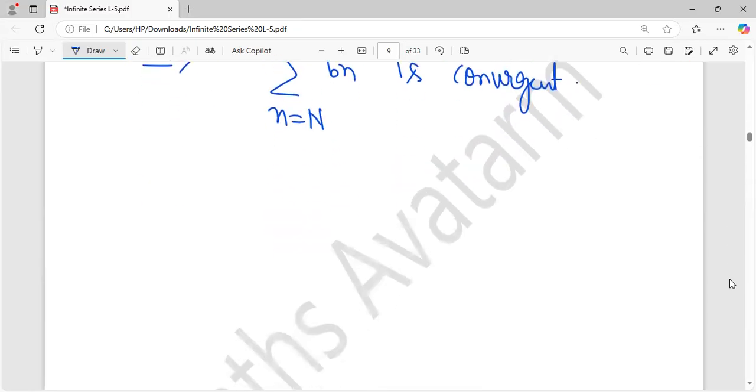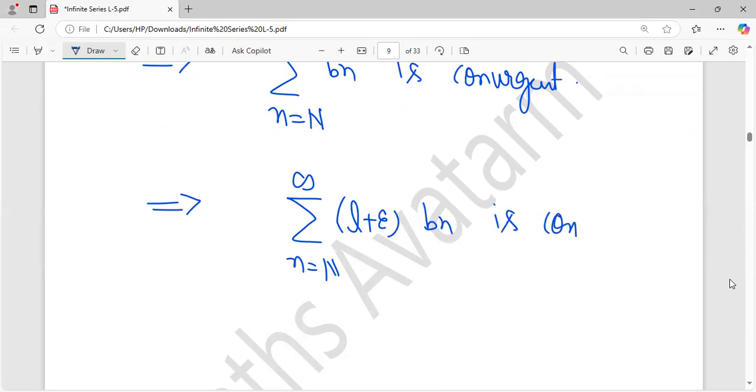Now, this implies the series summation n goes from 1 to infinity of (L plus epsilon) Bn is convergent.